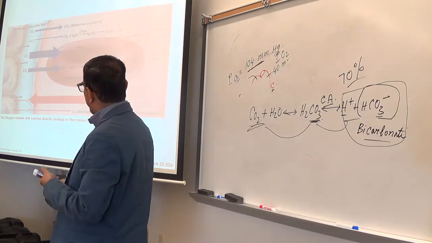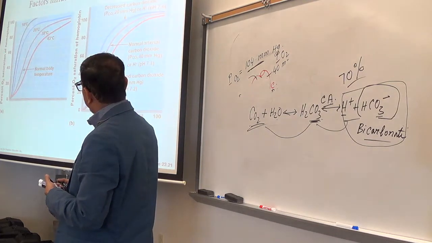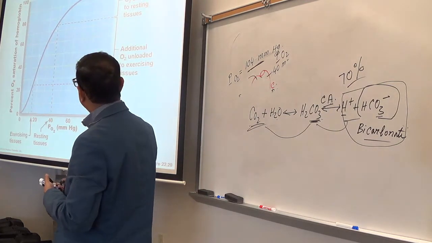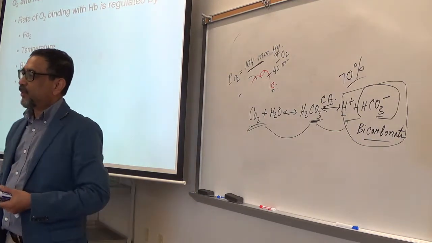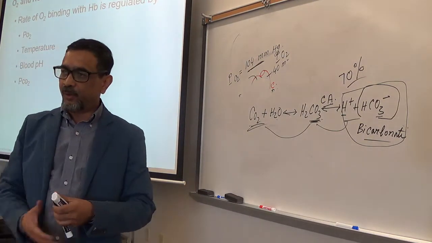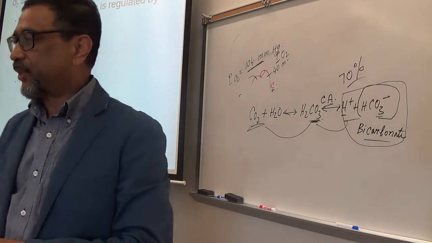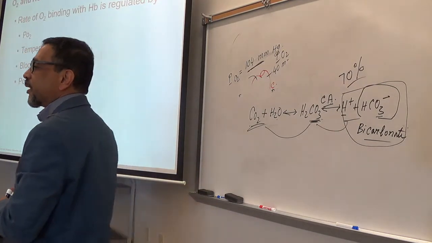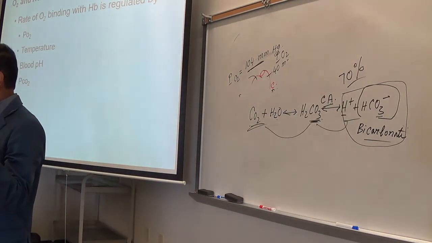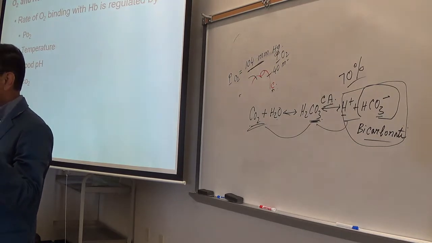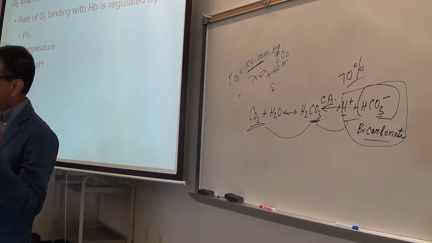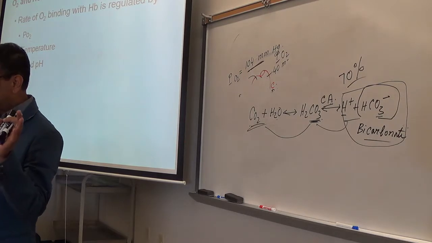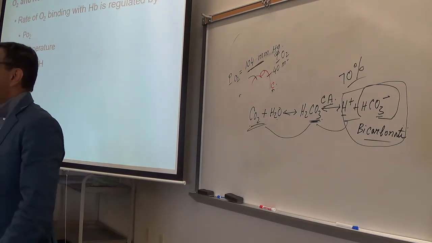Okay, before we go to the next thing, you don't need to know the detail of this, just know that oxygen binds with hemoglobin of the red blood cell, and hemoglobin transports 98.5% of the oxygen.